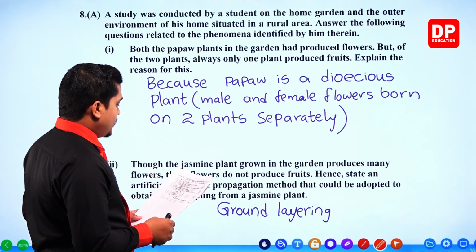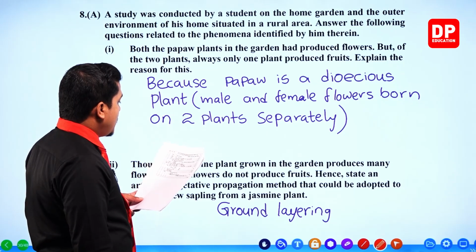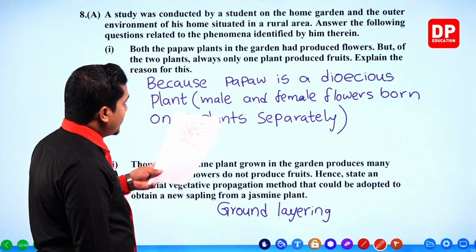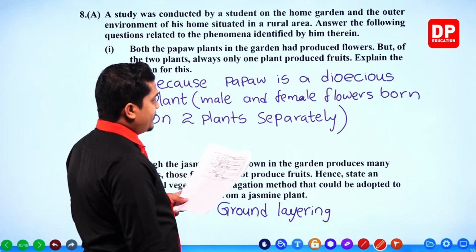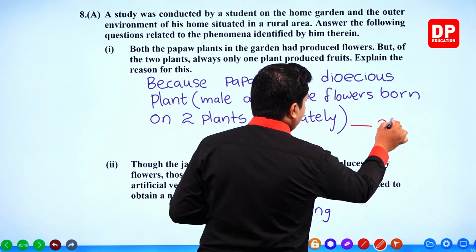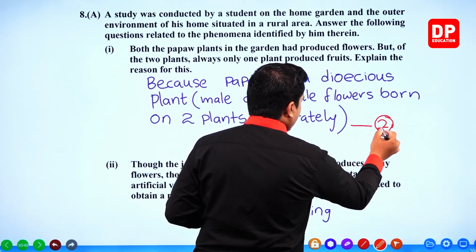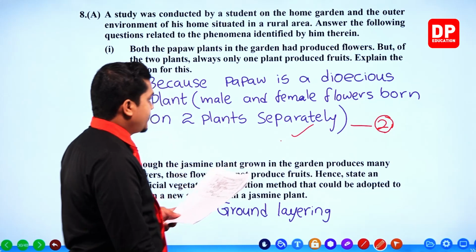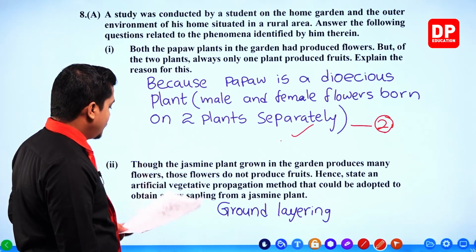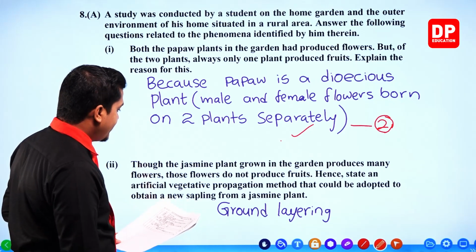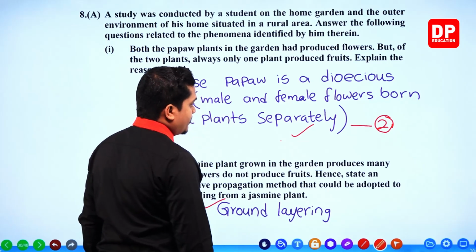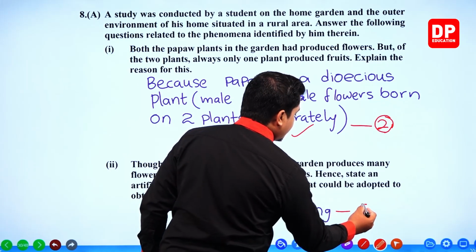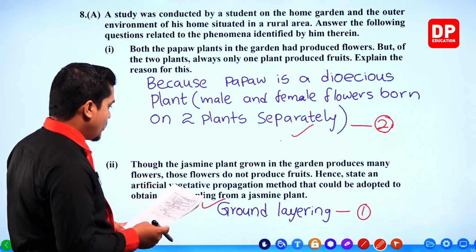For the explanation of the power plant incident, you will be receiving 2 marks. Then next one, for the ground layering, the best artificial reproduction method for a jasmine plant, you will be getting 1 mark.